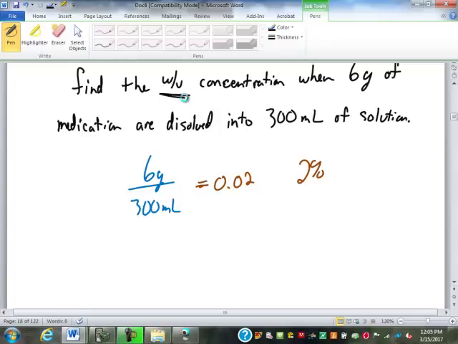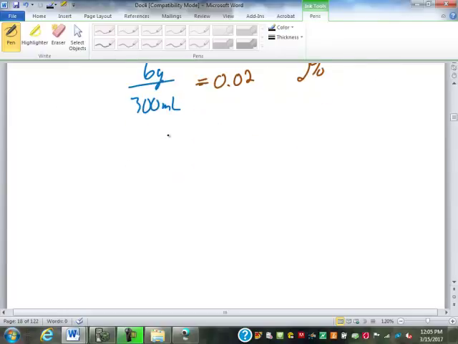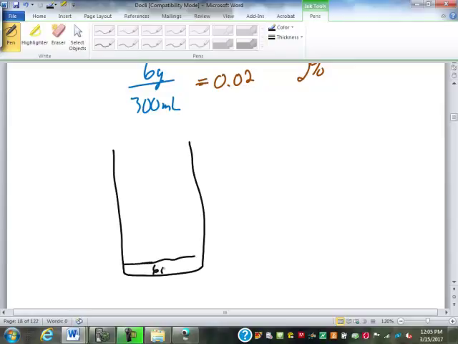We cannot just know the amount of saline. To figure out the amount to constitute these solutions, what you would do is in your beaker, you would have your 6 grams of powdered medication in the beaker, and then somewhere up here you've got your 300 milliliter mark.